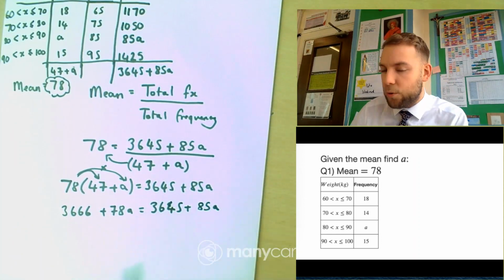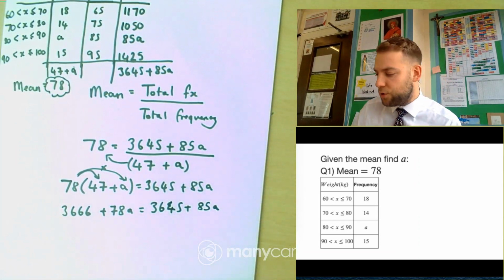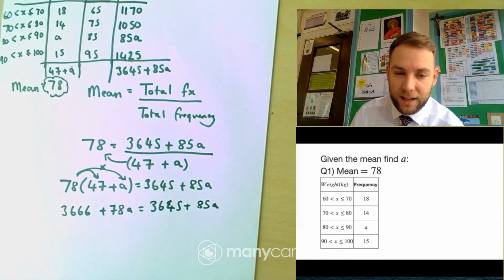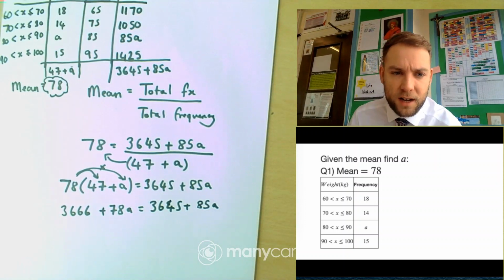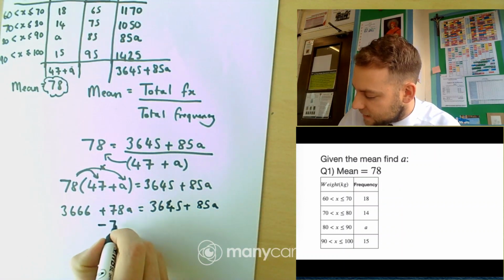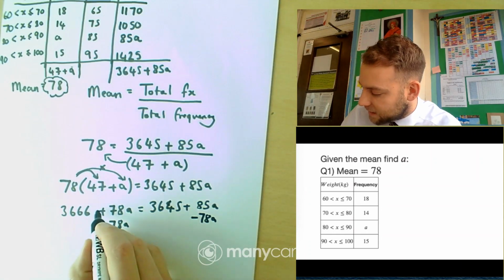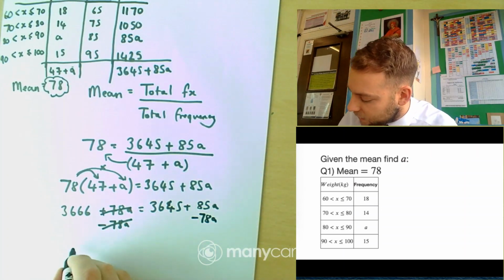Now, how do I solve an equation with unknowns on both sides? Well, to do this, I need to get rid of the smallest value of a, including negatives. In this case, that's the 78. So minus 78a, minus 78a. That's going to cancel that one off.